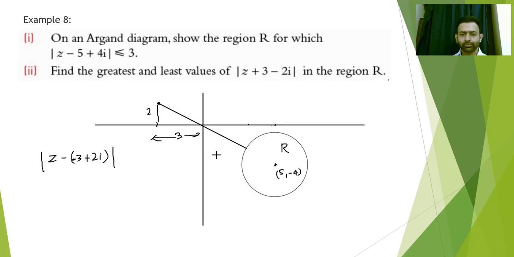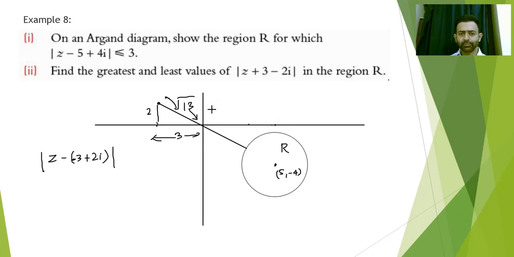Okay, now this is 3, this is 2. I can find this distance according to the Pythagoras theorem. 3 square, which is 9, plus 2 square, which is 4, gives 13. So this is root 13, right?